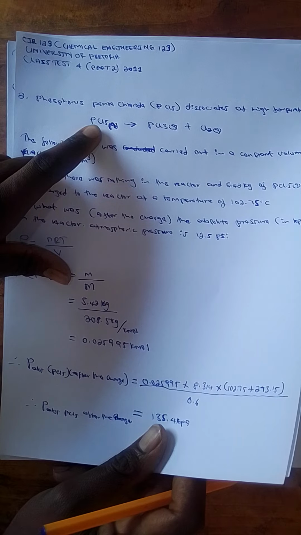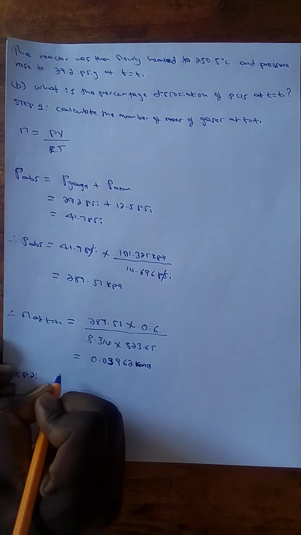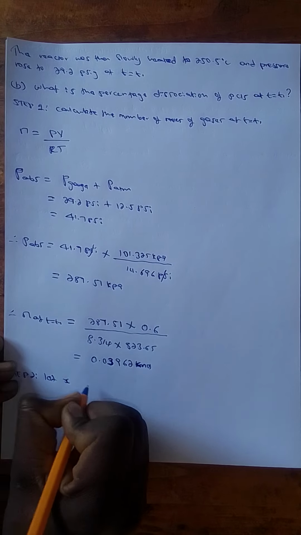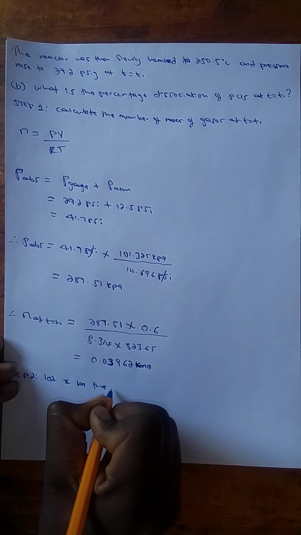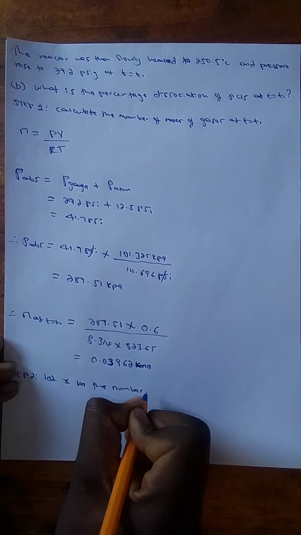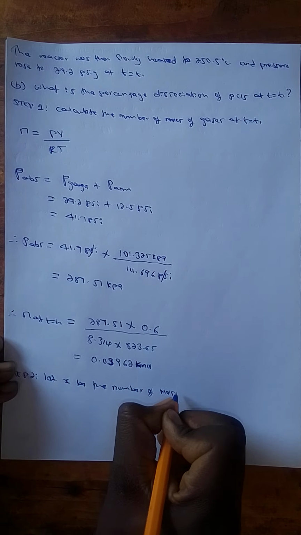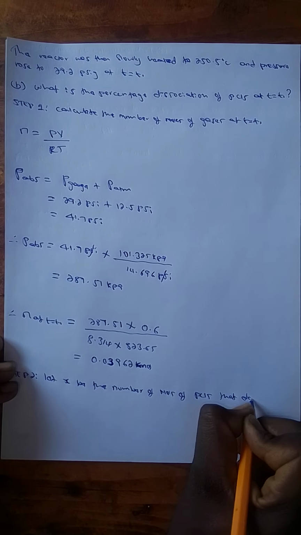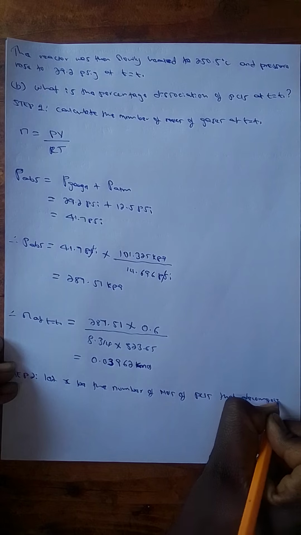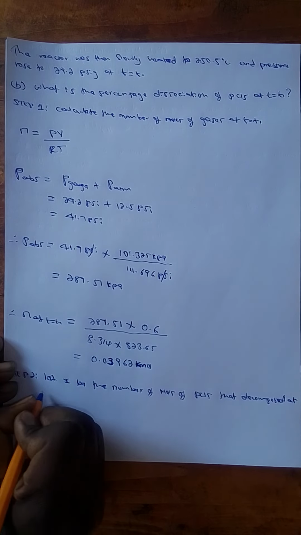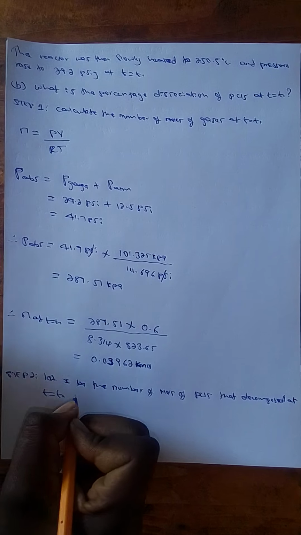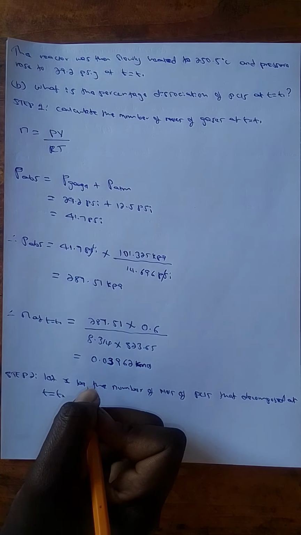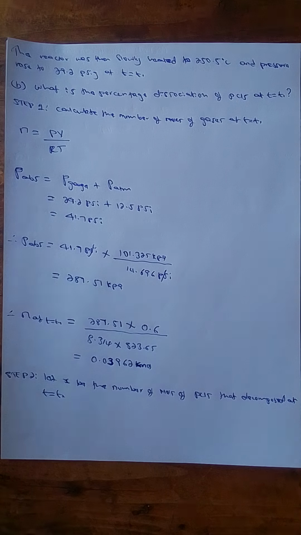So we're going to define that as X. Let X be the number of moles of PCl5 that decomposed at T equals T1.